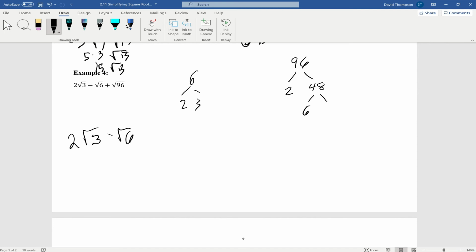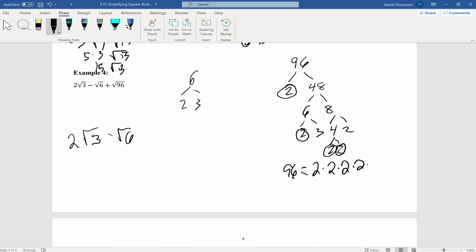That we know is 6 times 8. 6 is 2 times 3. 8 is 4 times 2. And then we have 2 and 2. So we have a match with the 2's, another match with the 2's. So we can rewrite 96 as 2 times 2 times 2 times 2 times 2 times 3.